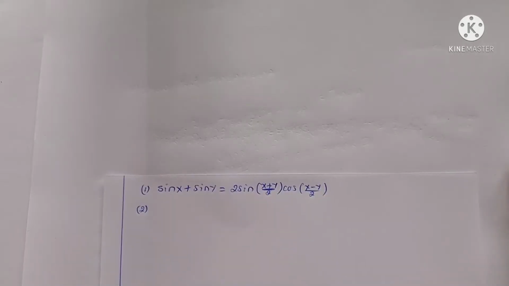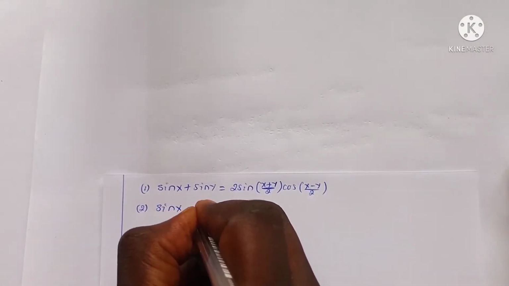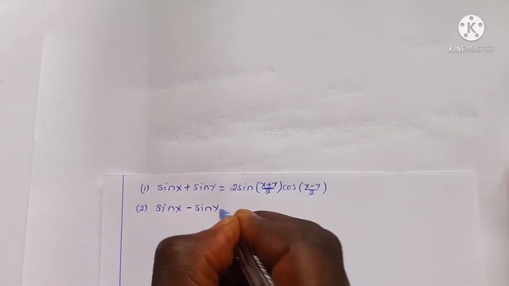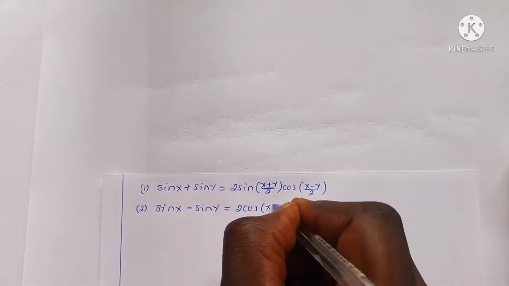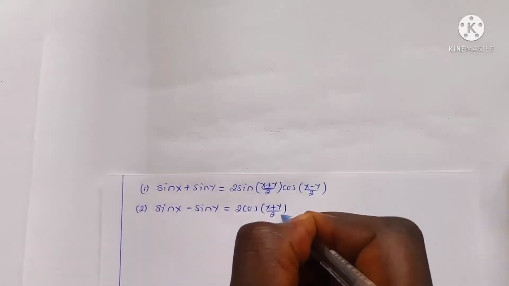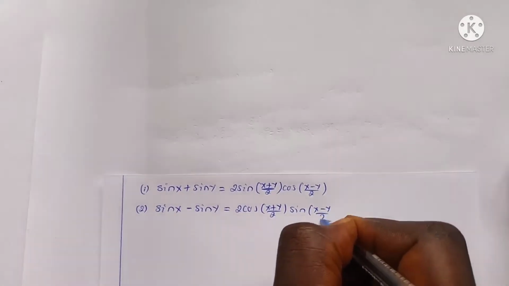So the second identity states that the sine of x minus the sine of y is equal to 2 times the cosine of x plus y divided by 2 times the sine of x minus y divided by 2.